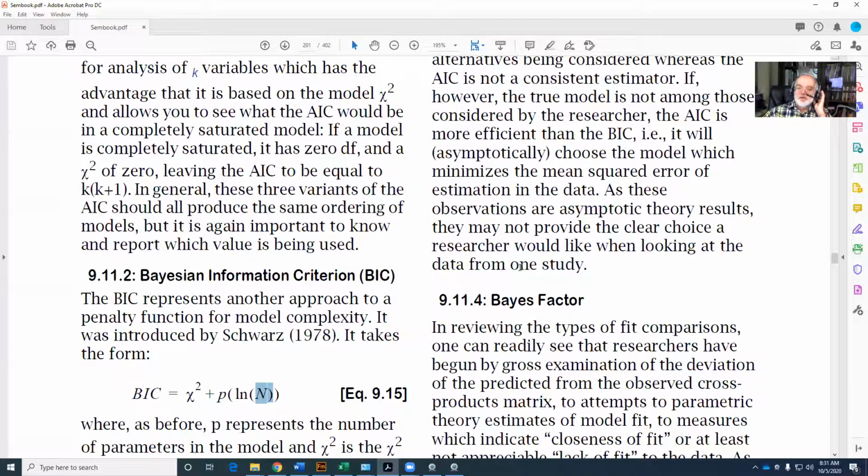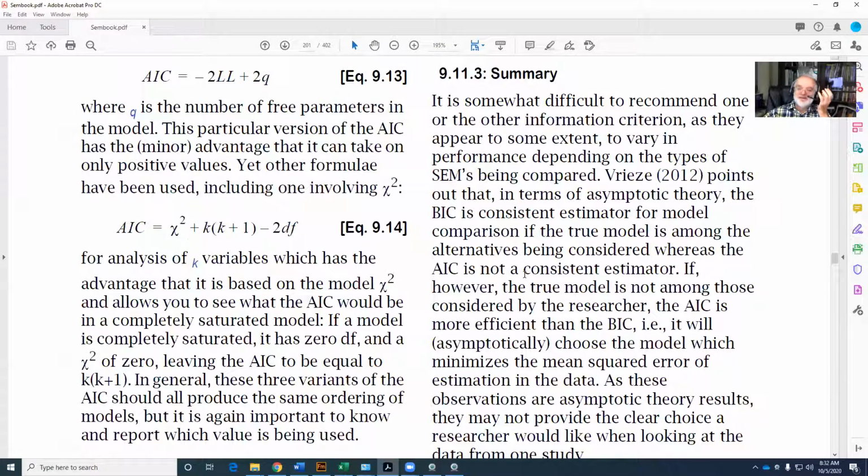How well either the BIC or AIC is going to work depends a little bit on the kind of models that you're looking at. If you actually have the true model, that is, the process that generated the data, among the alternatives being considered, the AIC could lead you a little bit astray.